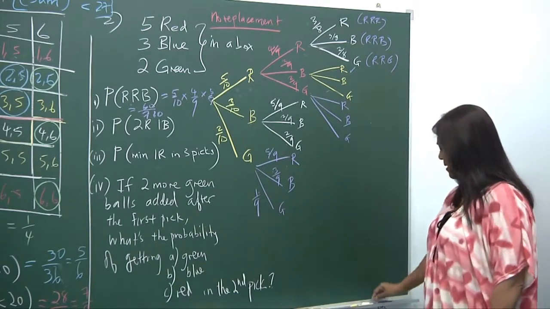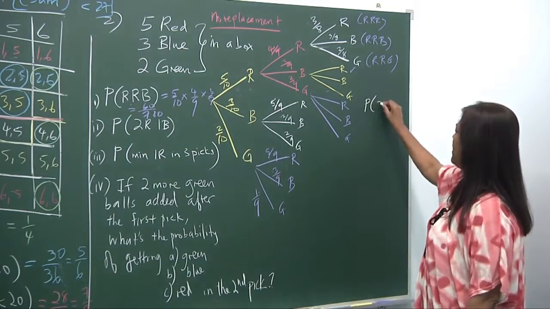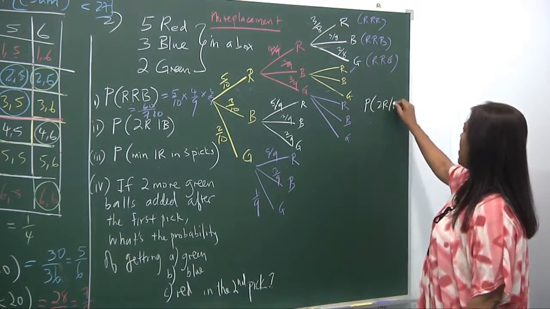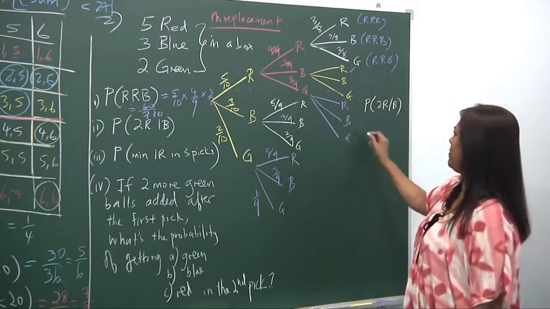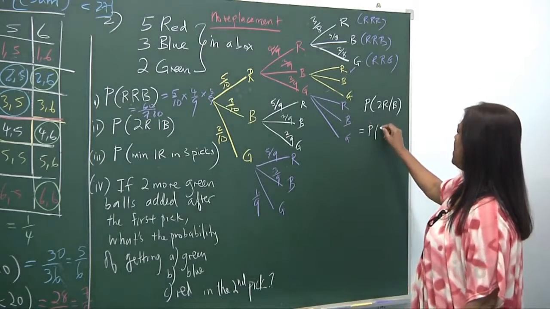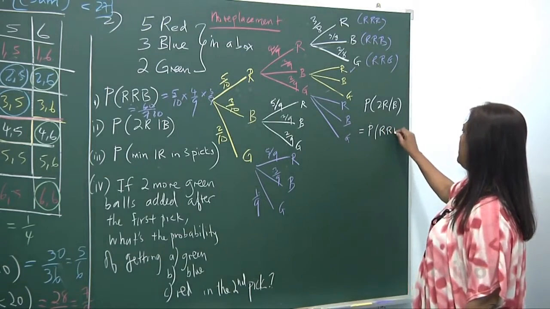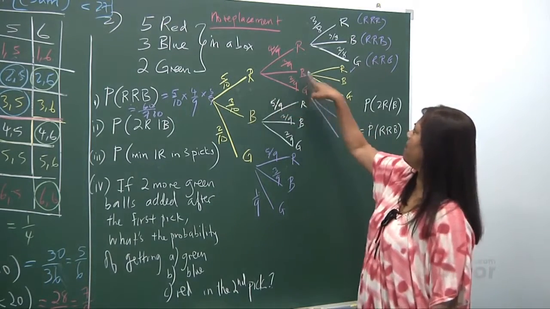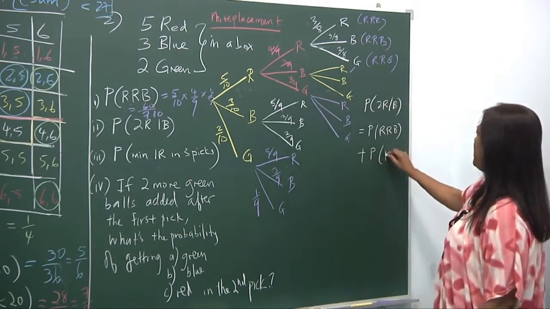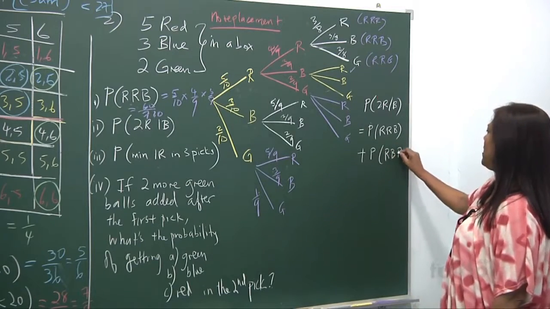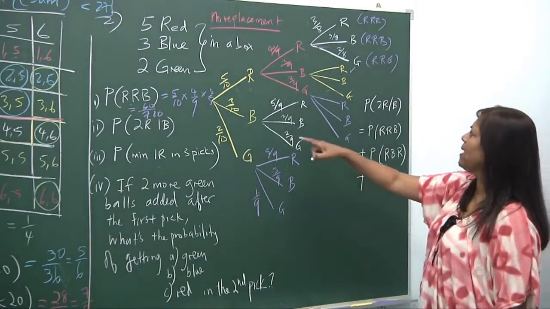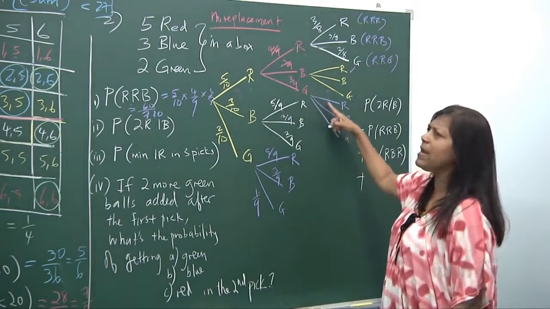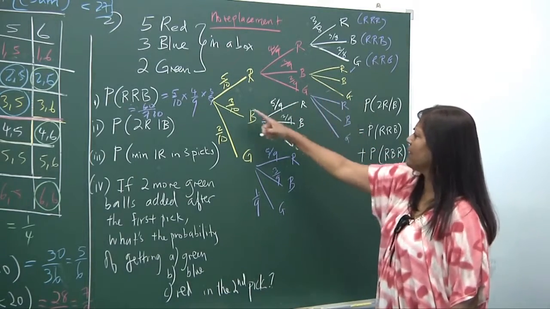So the probability of getting 2 reds and a blue, alright, whether it can be a blue, red, red, right? It can be a red, red, blue, plus a probability of a red, blue, red, plus the probability where else? You don't want a green, you don't want triple reds.